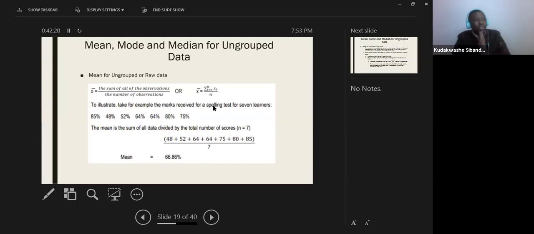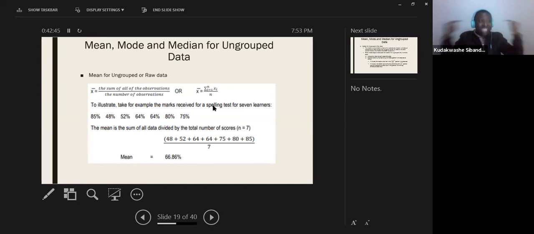So that's why I was saying you need to really grasp this concept before we can delve deeper into the calculations. Because the moment you fail to understand the differences between ungrouped and grouped, the possibility of you misinterpreting a question is very high. Sometimes your lecturer can give you raw data and say calculate the mode, or calculate the mean.